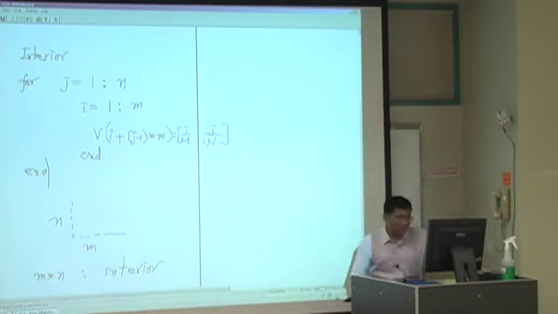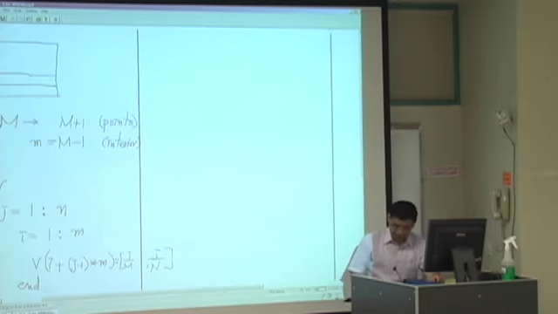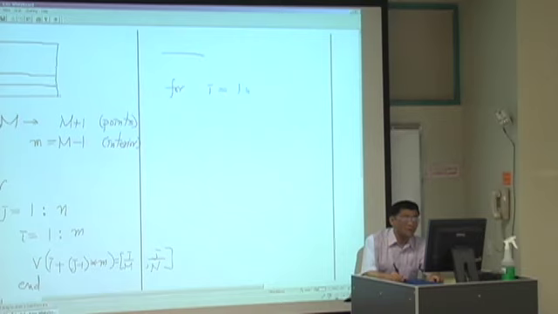Then the next one is for this boundary, for I running from 1 to m plus 1, and then vertex of m and already determined, and then I equals vertex of I minus 1 over m, and then 0.